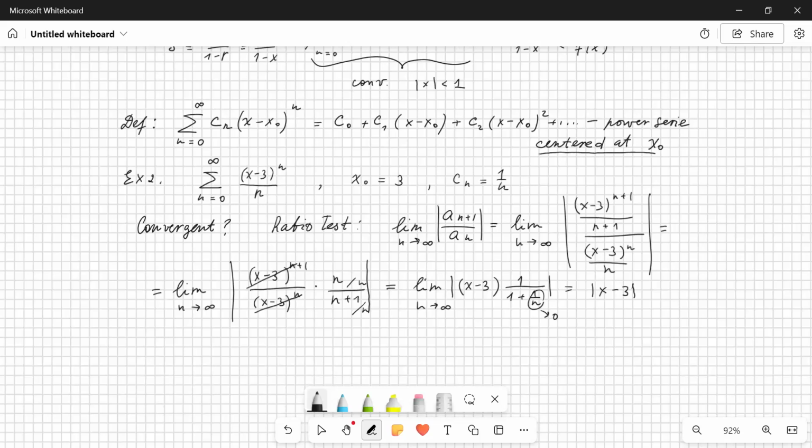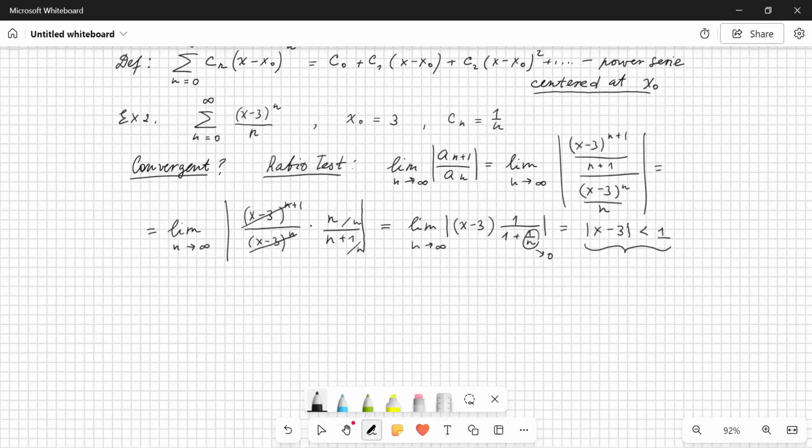Now, according to my ratio test, to make it convergent, I'll need to make it less than 1 because that's the value of my limit, right? Well, what I have over here is an inequality. There are two ways to solve this inequality, and you guys can use the first way or the second way. I'm going to do the first way first because we kind of learned it in calculus maybe or somewhat in algebra.